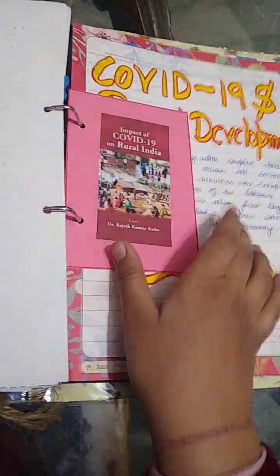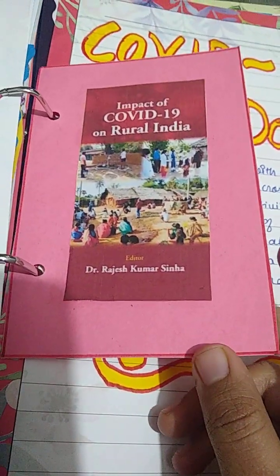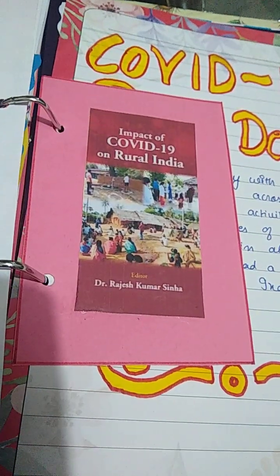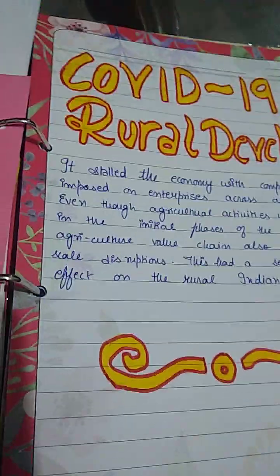So basically it's all about how the IT sector is growing in all the areas. And then last but not the least, not very important, but it can be significant, COVID-19 is an unforgettable part. So the impact of COVID-19 on rural India, basically how its development got affected due to COVID-19.